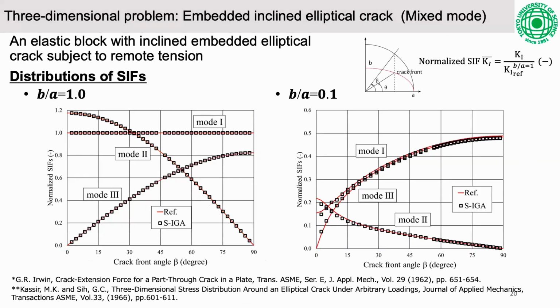In this case the tilting angle is 45 degrees, and we have all three modes. Okay, this is a penny-shaped crack. Again, a very thin crack. In both cases, stress intensity factors computed by, in this case, interaction integrals were very accurate.